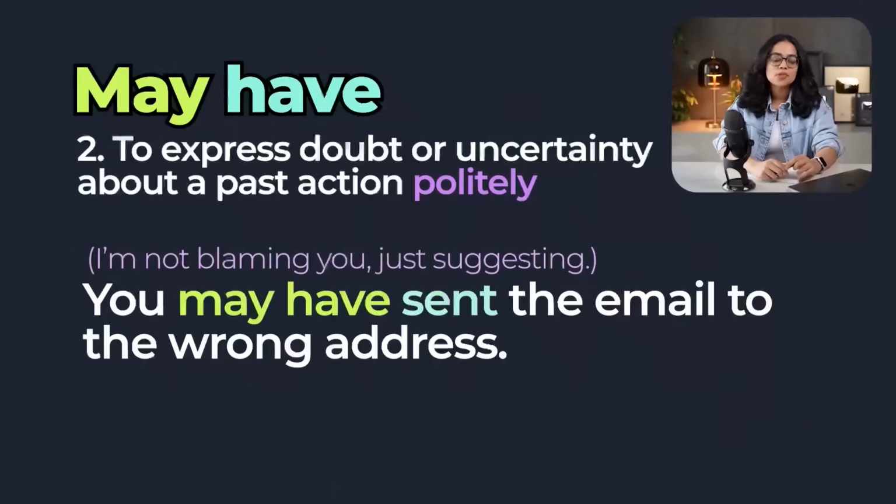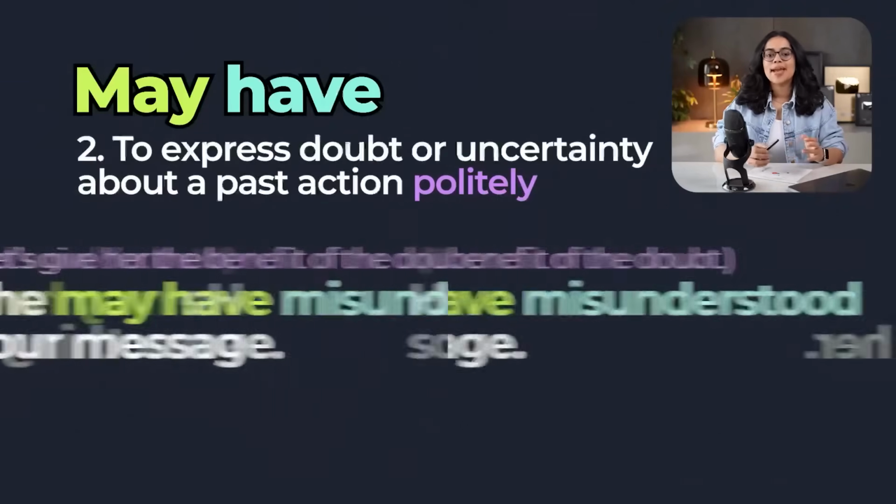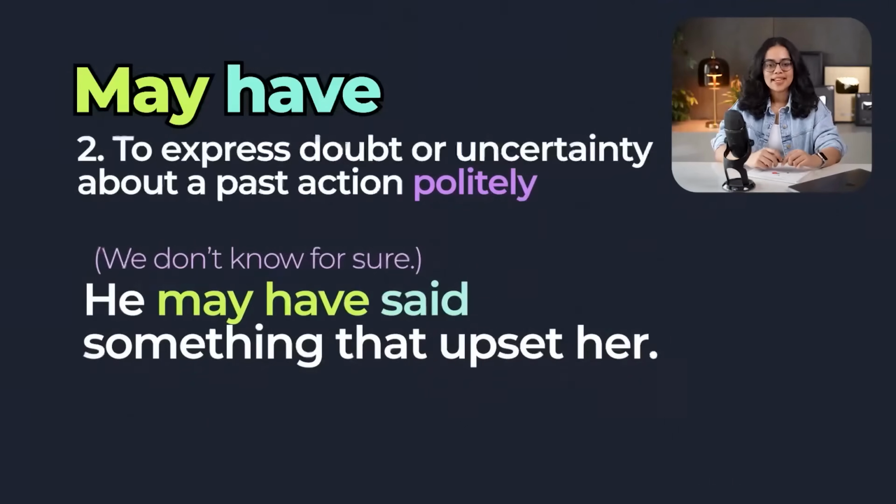Isn't it a polite way to say that, you sent it to the wrong address instead of saying, no, you sent it to the wrong email address. She may have misunderstood your message. So what are you trying to do? You're trying to give someone the benefit of the doubt. He may have said something that upset her. Like, I'm not sure he really said that, but I'm just guessing.